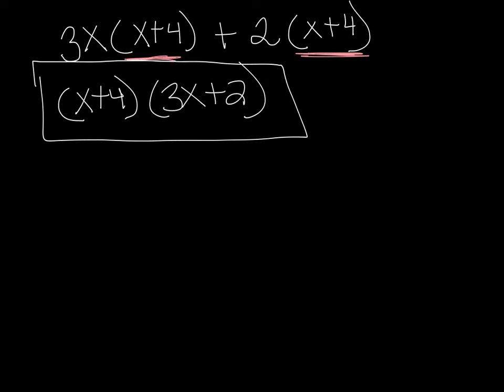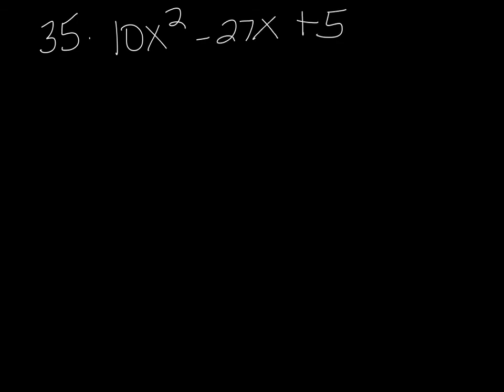Let's try one more problem here. Let's look at number 35. Number 35 is 10x squared minus 27x plus 5. My first step here is to define that a is 10, b is negative 27, and c is 5.